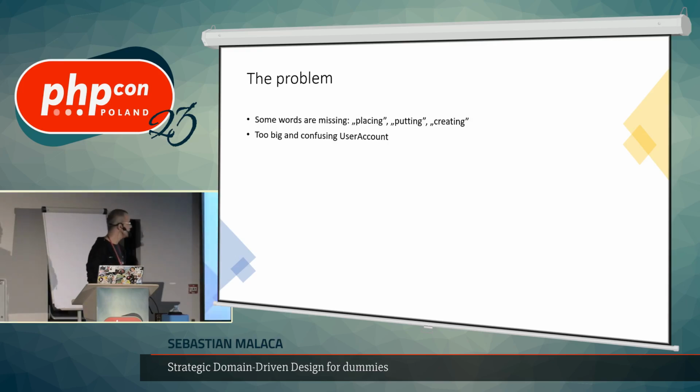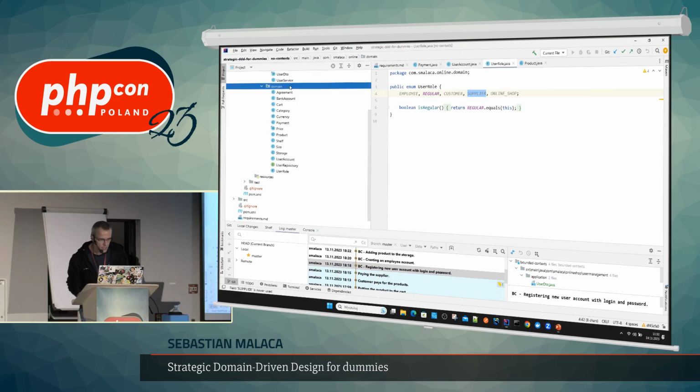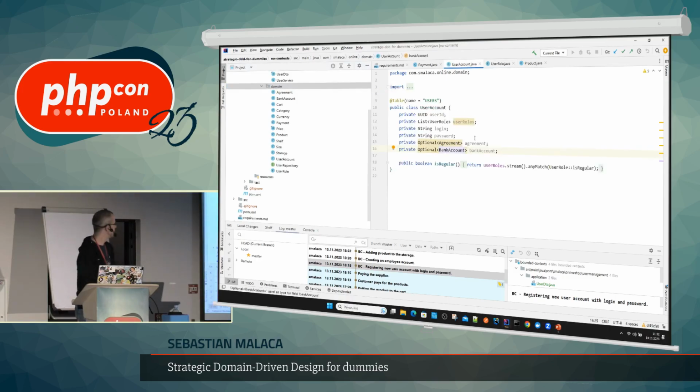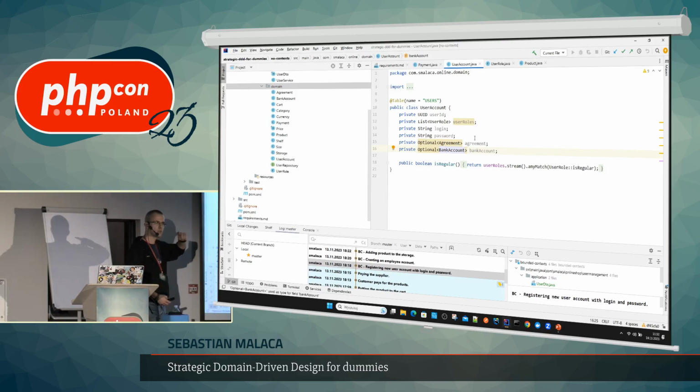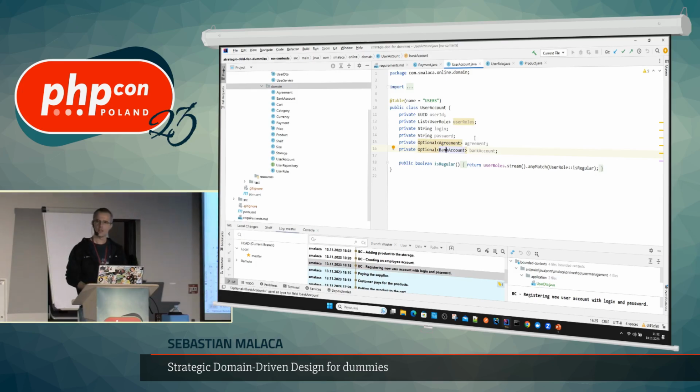We've got too big and confusing user account. Why is that? Let's take a look at user account. You learn a lot about users in our application, in our shop. But by looking at that class, you have no clue who's supposed to have and who doesn't supposed to have agreement.